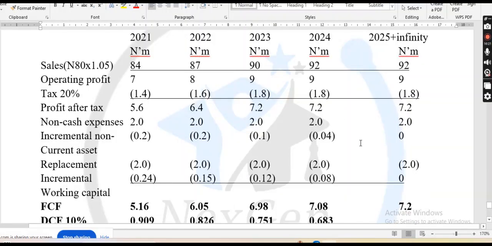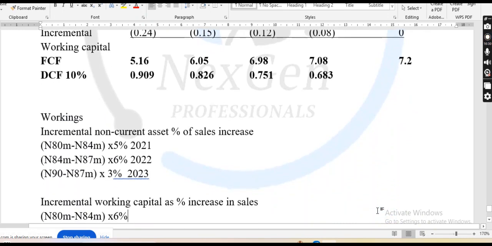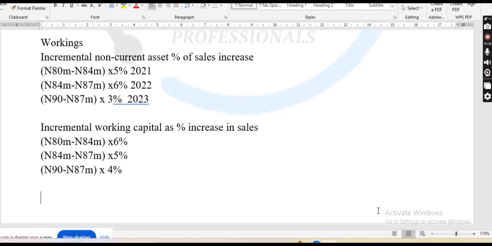Now, let's calculate what is the infinity. Let's use the annuity formula.